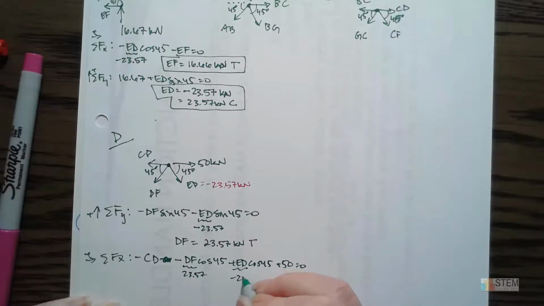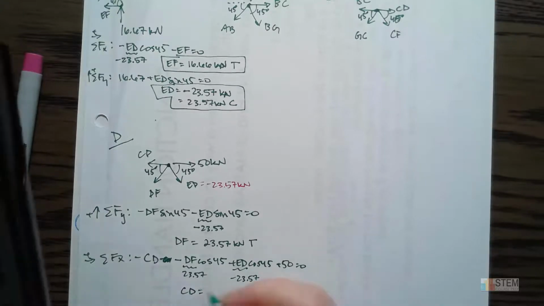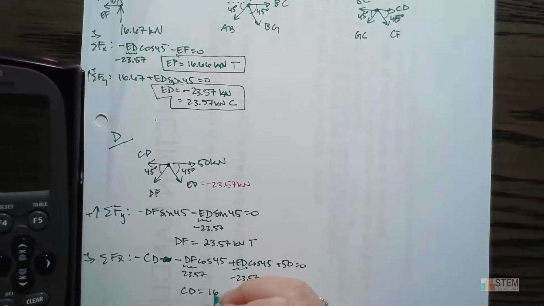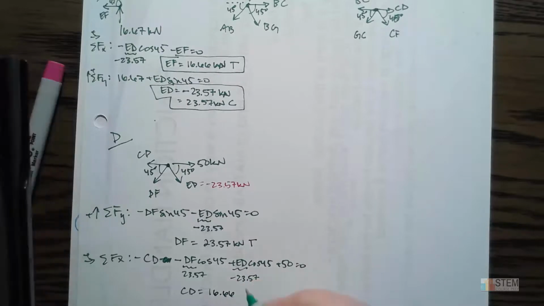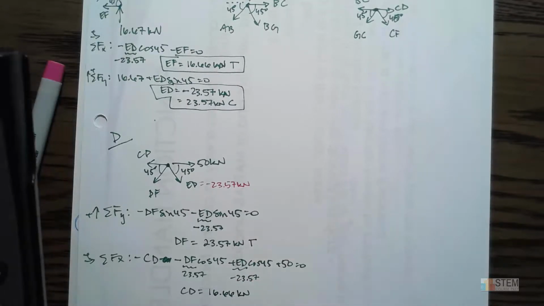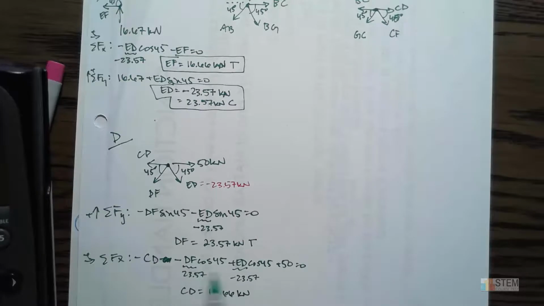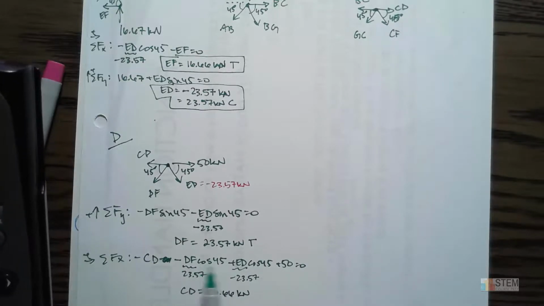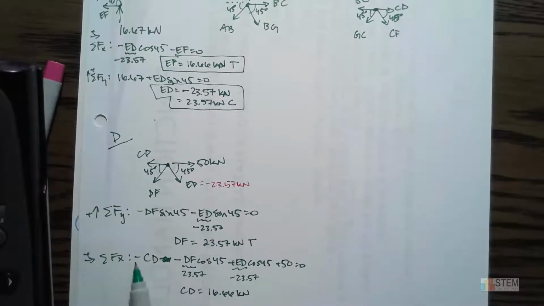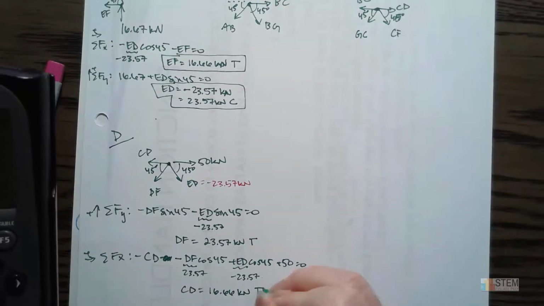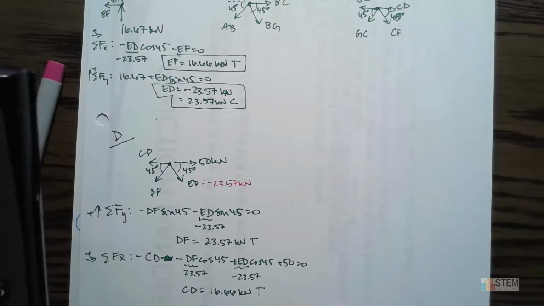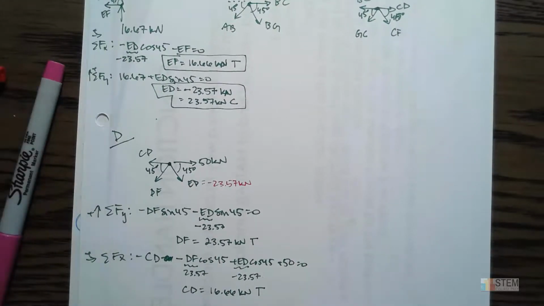That one is negative 23.57. So now once you plug all this in, you can get CD. Okay, so our value here is 16.66, and once you add all this up, this is a positive. We bring it over, it becomes negative, divide through by that negative, we get the positive. Okay, so that's tension, exactly what we got doing method of sections.